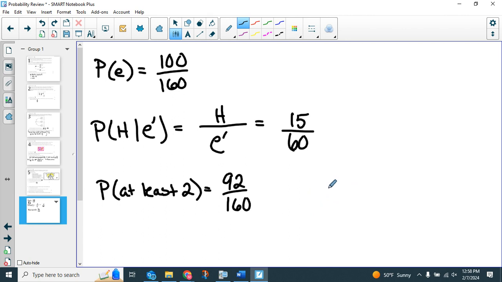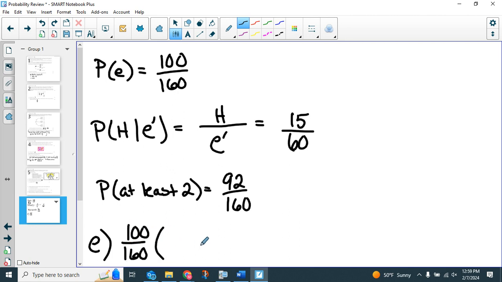And here, this is letter E. The chemistry department at IU Bloomington has 2,560 students. Find the expected number of students in the chemistry department that used e-textbooks. Well, in part D1, we found the probability that a student used an e-textbook, and that was 100 over 160.